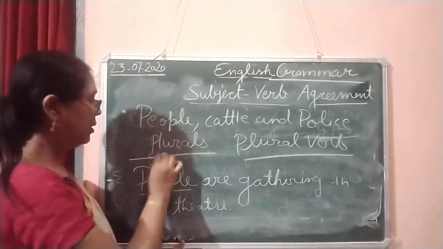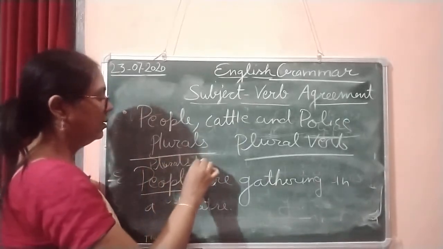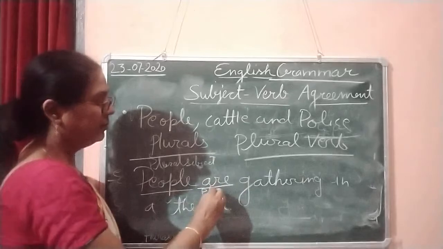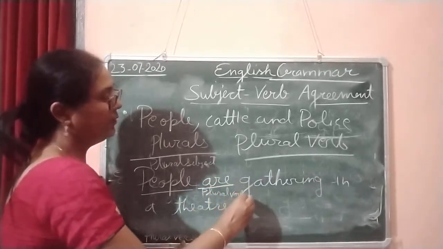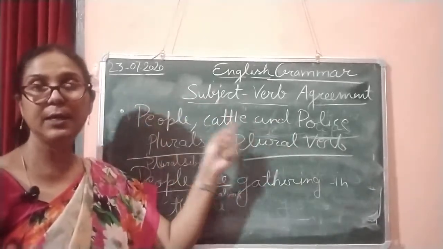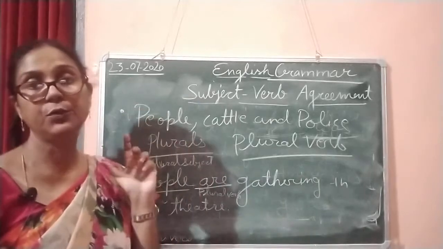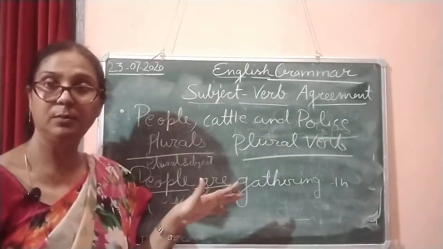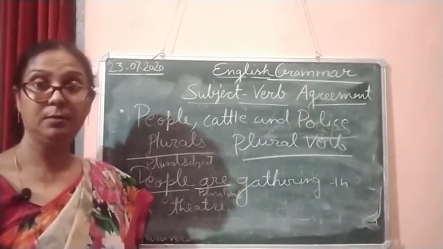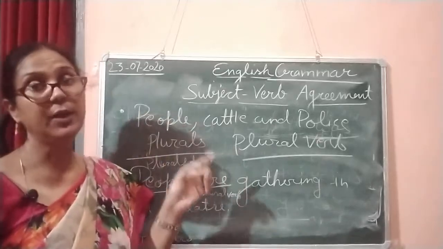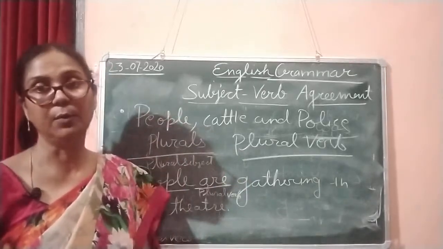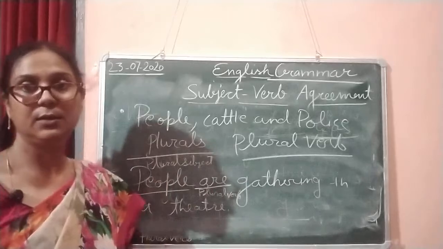So this is a plural subject, and here you can see I am writing a plural verb. So this we have to always remember, people, cattle and police are always considered as plural, and we are supposed to write a plural verb with them. So this is a very important point that we have to learn. Otherwise we get confused and we are going to write is or was or will or has, these types of words that we use with a singular verb. So this we have to learn always.